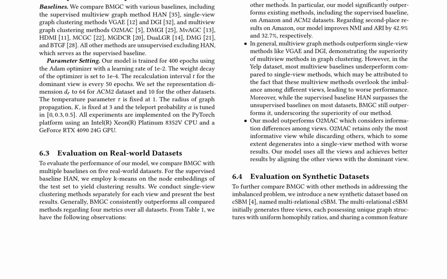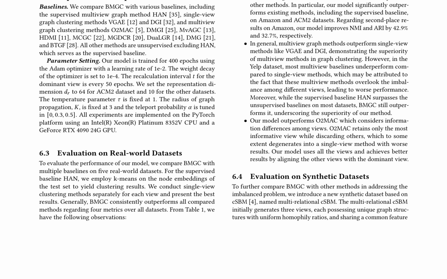Notably, BMGC surpasses the supervised baseline by significant margins in the Amazon and ACM2 datasets, highlighting its ability to effectively handle multi-view graph clustering problems. This is particularly evident in its capacity to address imbalances among different views, making it a promising approach for future research in this field.